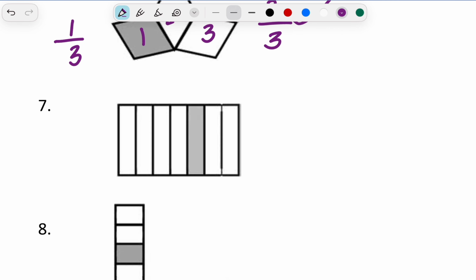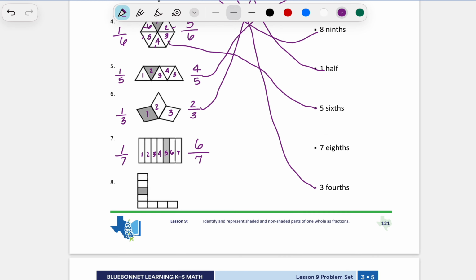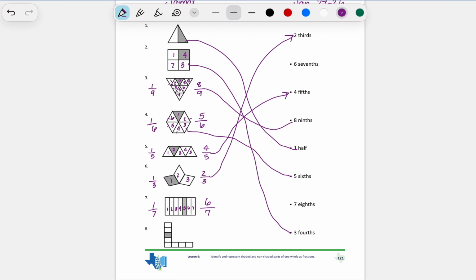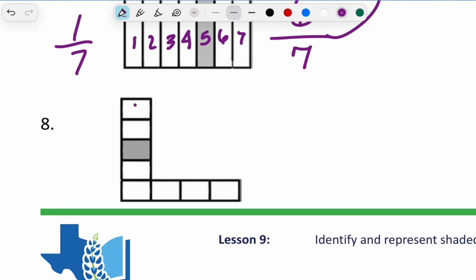All right, and continuing, I have 1, 2, 3, 4, 5, 6, 7. This makes 1/7, which means, I hate to say it, 6/7 are the number of parts that are not shaded. Yes, 6/7. Okay, next part. I have 1, 2, 3, 4, 5, 6, 7, 8.